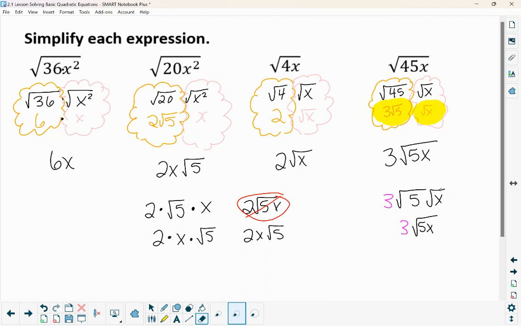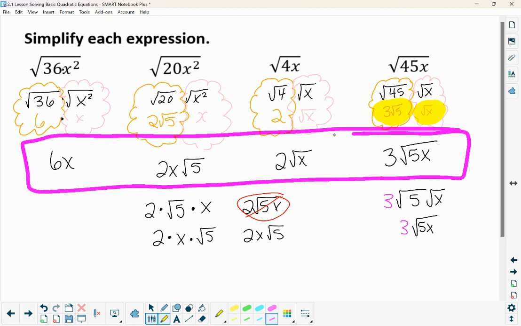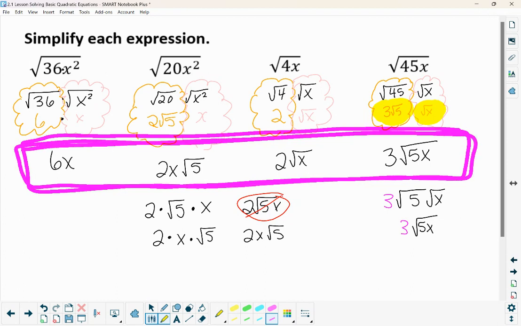Okay, so if you look at all of these answers that we just got, you can see that we get all kinds of different combinations of things, just depending on the problem that we're working on. We can have an x that's not under a root. We can have an x that's under a root.